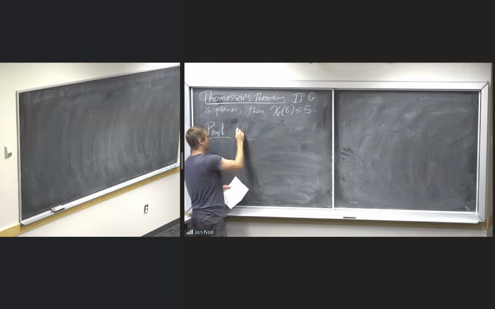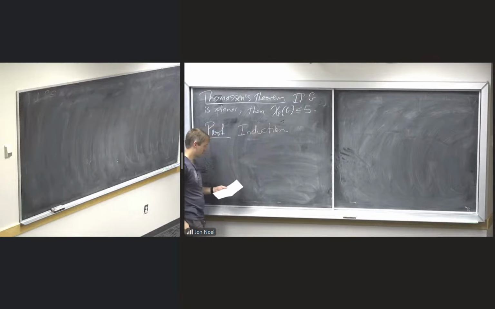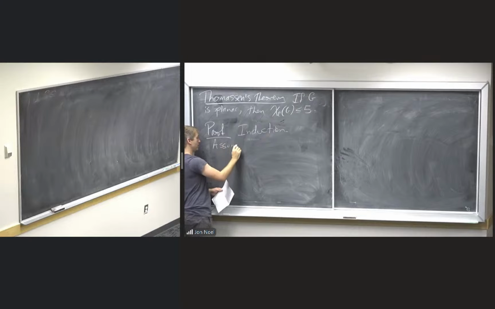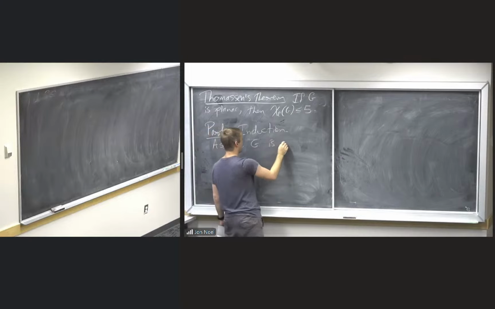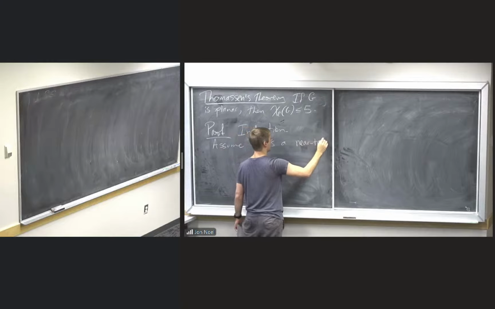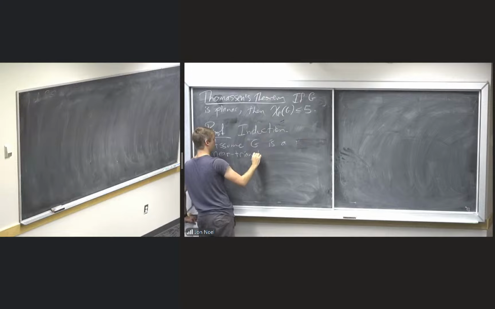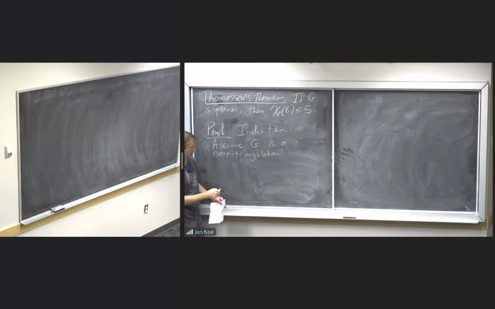So it's by induction. Here's something I can assume: I can assume G is a near triangulation. All I mean by this is about the outer face.